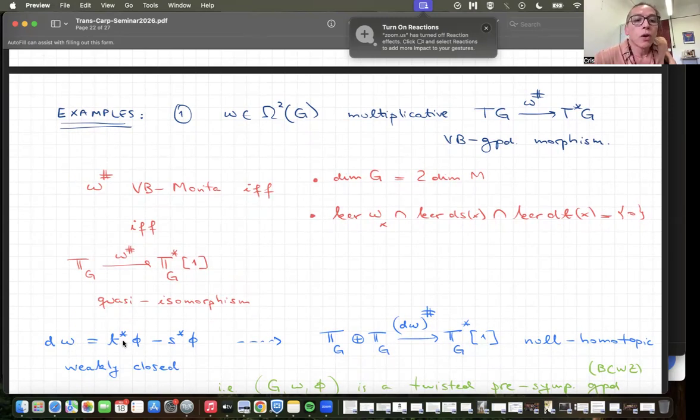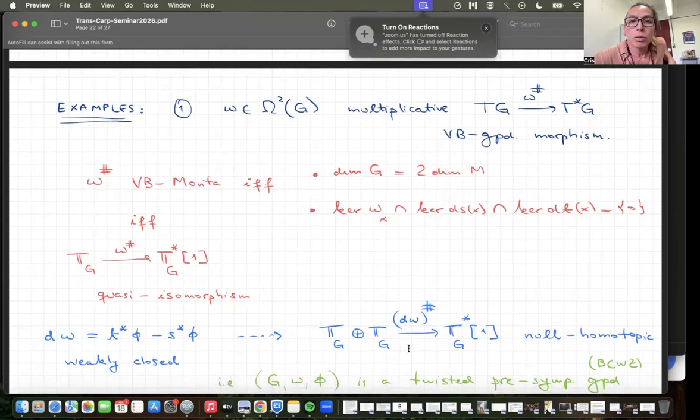We want this form to be closed up to a multiplicative 3-form, which is exact in this sense. So I'm going to call this weakly closed. And being weakly closed in terms of the sharp maps means that the sharp map associated to d omega is homotopic to 0. So in terms of complexes, what do we have?